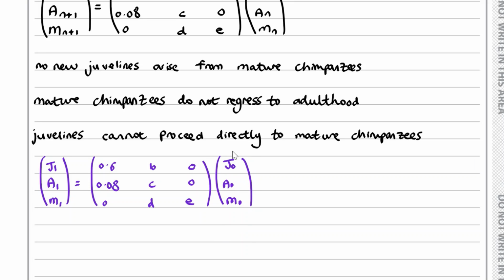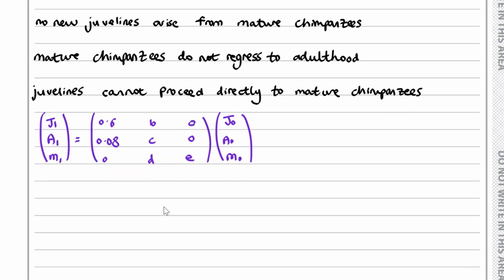And if we write this as a system of three linear equations, J1 is equal to 0.6 times J0 plus B times A0, and then we have no M0.